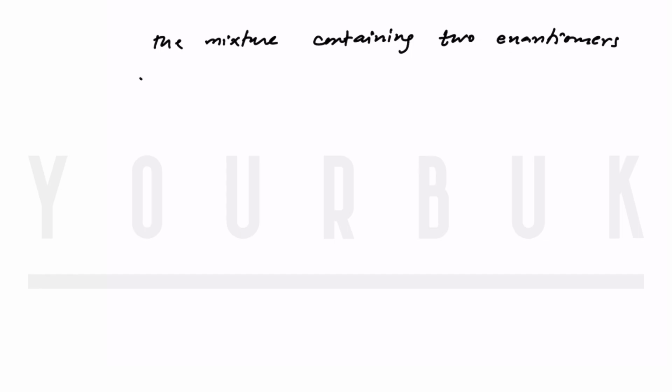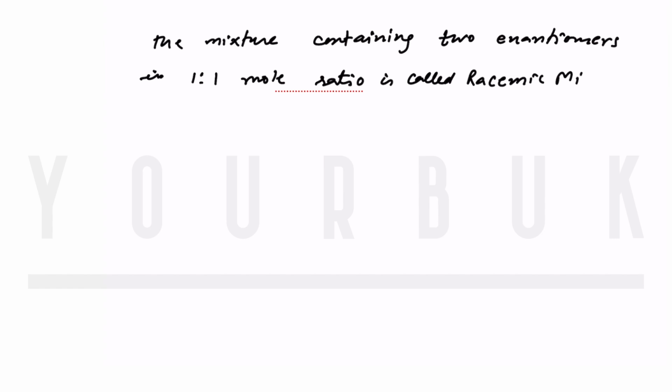So what is this mixture known as? The mixture containing two enantiomers in 1:1 mole ratio is called a racemic mixture. And a racemic mixture is optically inactive.